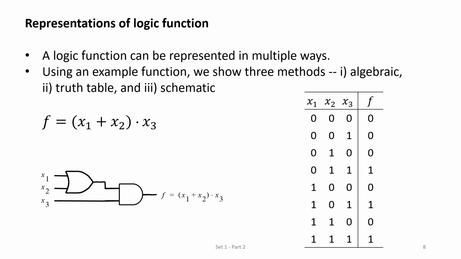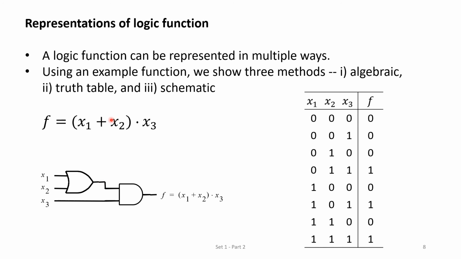This diagram shows the schematic representation of the function. Again, there are three inputs, x1, x2, x3, and this is the output. x1 and x2 go through an OR gate.